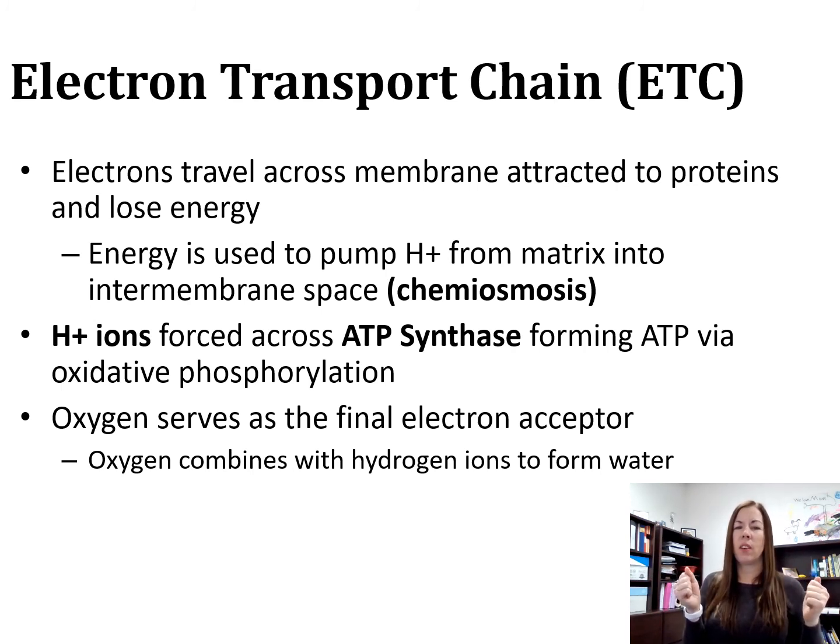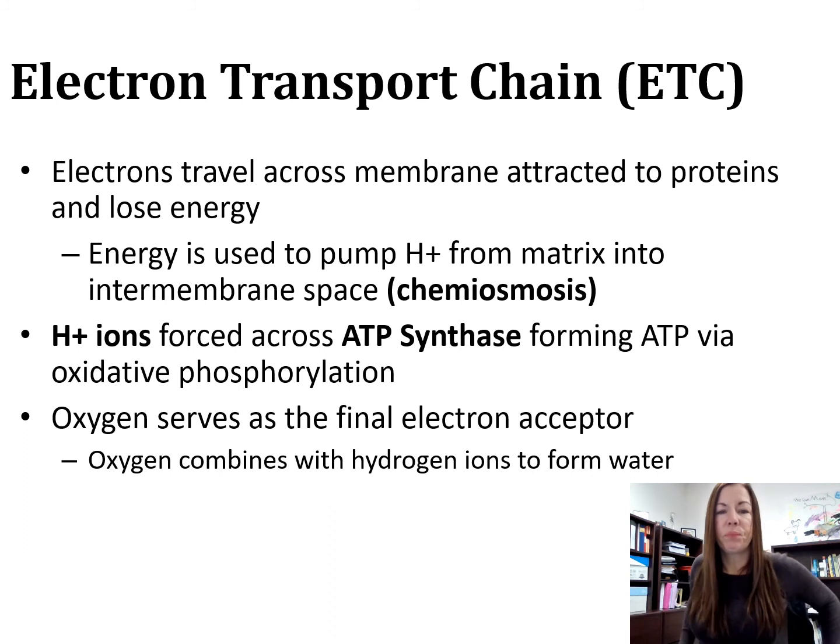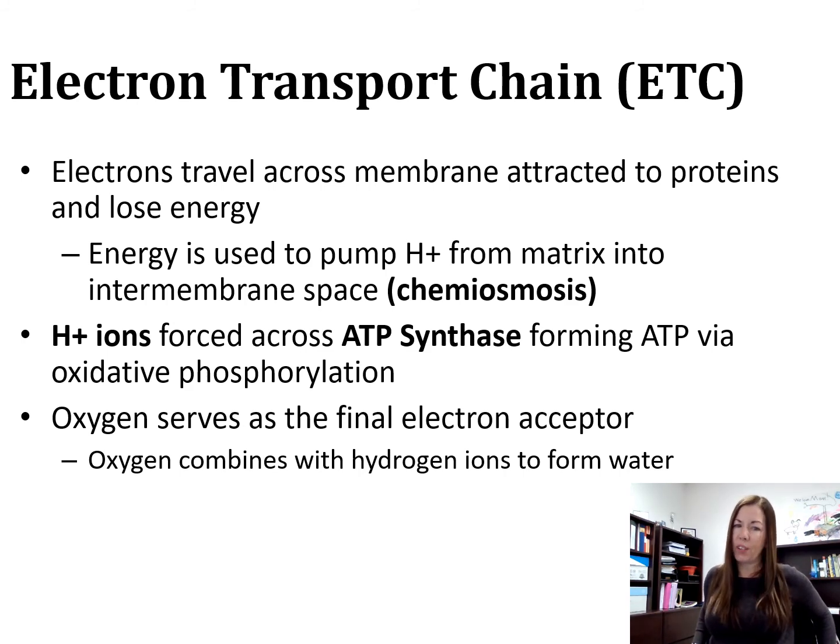And so they are going to go right out through that ATP synthase enzyme that we learned about, the same kind of thing that we learned about in photosynthesis. And so ATP is formed by oxidative phosphorylation. And then remember, oxygen is the final electron acceptor, and it will combine with those hydrogens to form water.